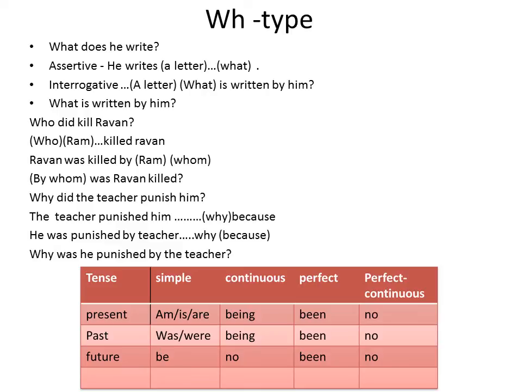Why did the teacher punish him? So the assertive sentence will be, the teacher punished him. Punished, because the sentence has "did". For this type of sentences, we have to learn double-edged type of sentences.